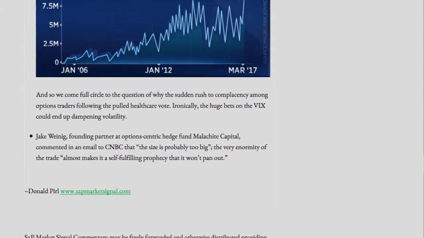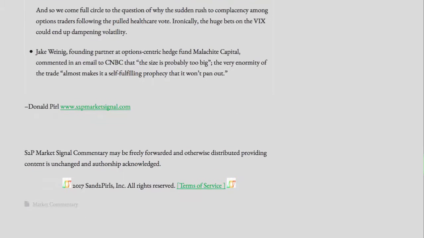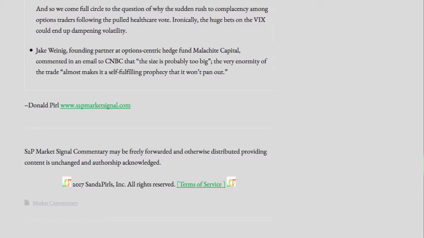And so we come full circle to the question of why the sudden rush to complacency among options traders following the pulled healthcare vote. Ironically, the huge bets on the VIX could end up dampening volatility.